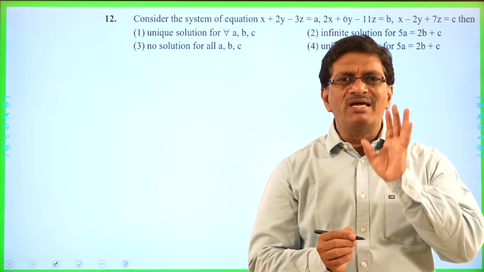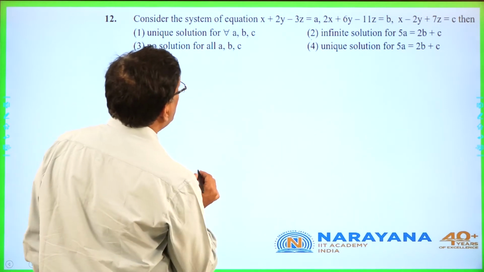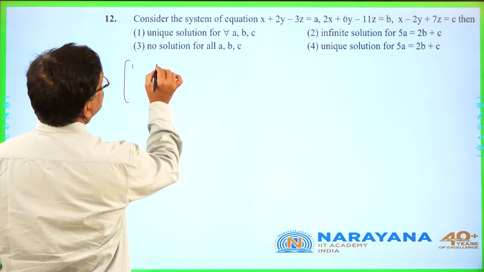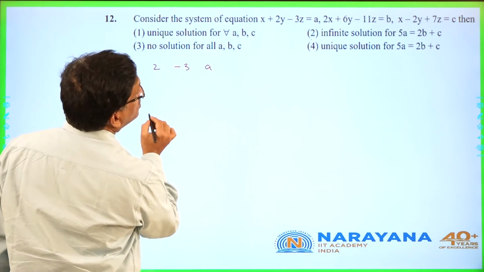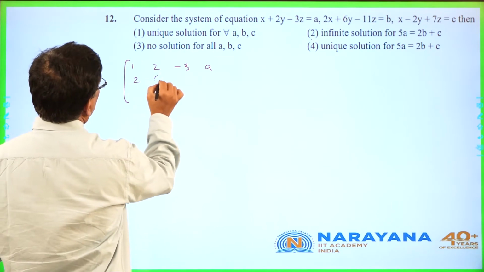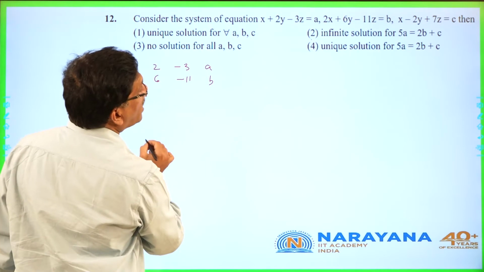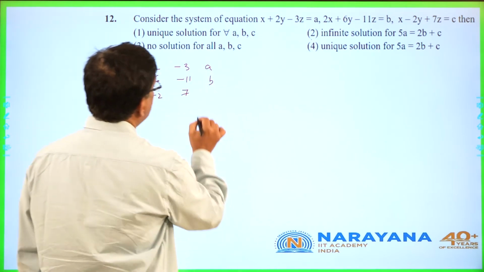No need of deviating at this particular stage. That is, you see, x, 2y, 1, 2, minus 3, a. Next, 2, 6, minus 11, b. 1, minus 2, 7, and c.